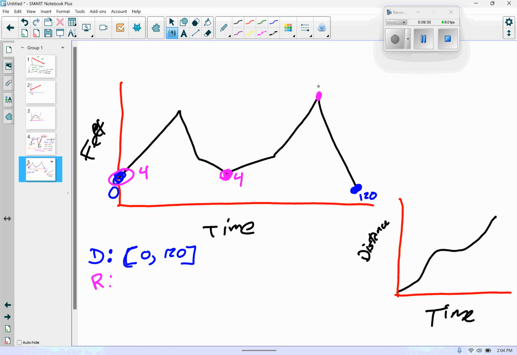Is that 12? Is it 11? I think it's 12, unless my eyes are playing tricks on me. So the range goes from 4 to 12. So the river goes 4 feet deep to 12 feet deep, anywhere in between.